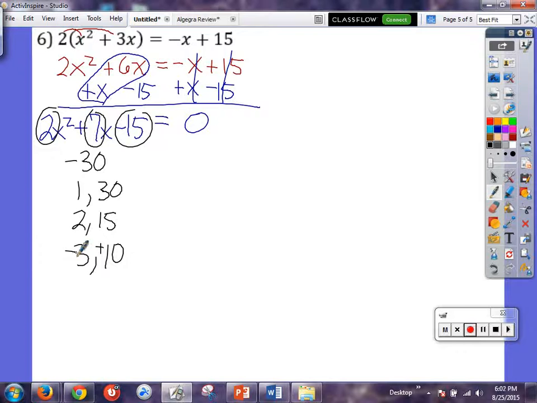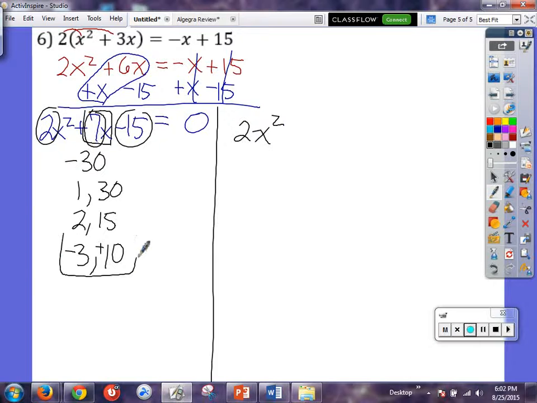Okay. Now I'm going to rewrite everything. I'm going to start over here. So, got 2x squared, except I'm breaking this apart using these two. Okay, I'm going to put the 10 first.